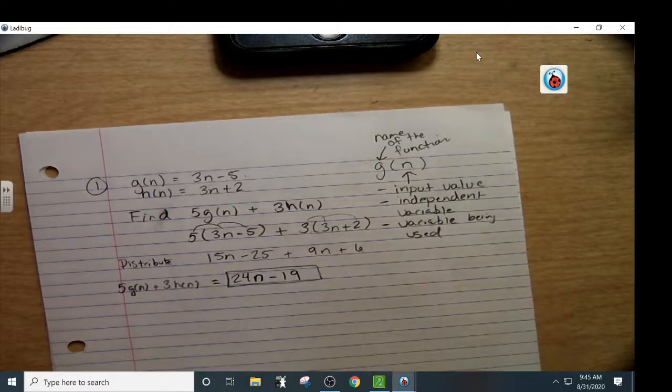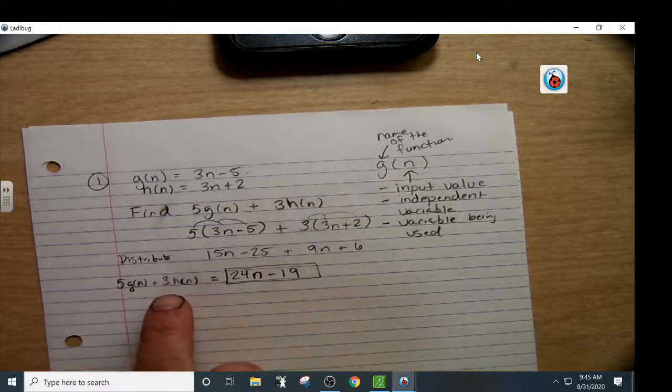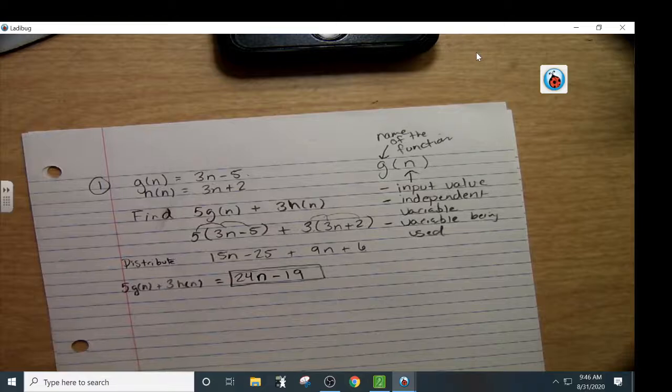Now, guys, notice I wrote the notation out there, the operation of the function out in front. You don't have to do that. I just did it because that's the way it's supposed to be done. But on this sheet, you don't have to do that. That's a lot of writing. This will be online when you get home.